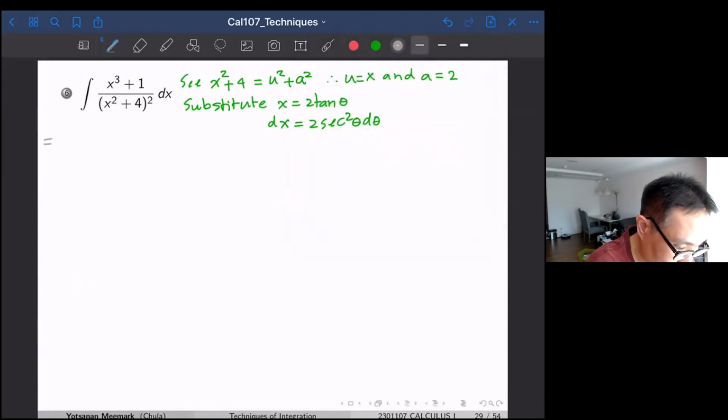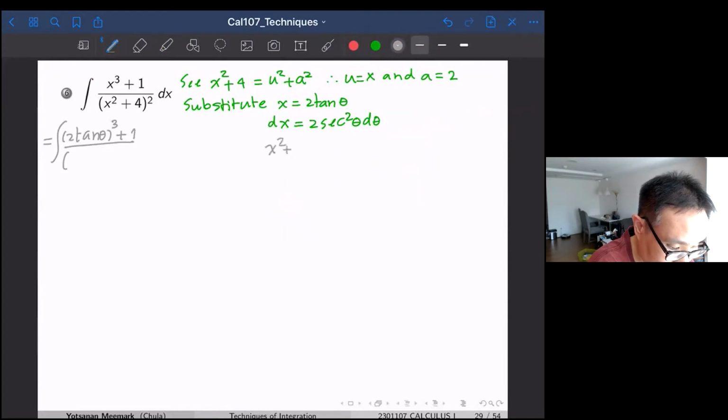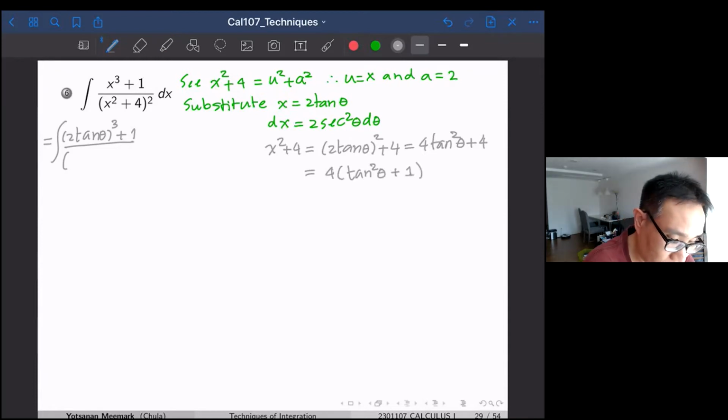For this one, you're going to have 2 tan theta to the third plus 1, and you have x squared plus 4, so it's going to be 2 tan theta squared plus 4, so 4 tan squared theta plus 4, so it's going to be 4 times tan squared theta plus 1, and tan squared plus 1 turned out to be sec squared.